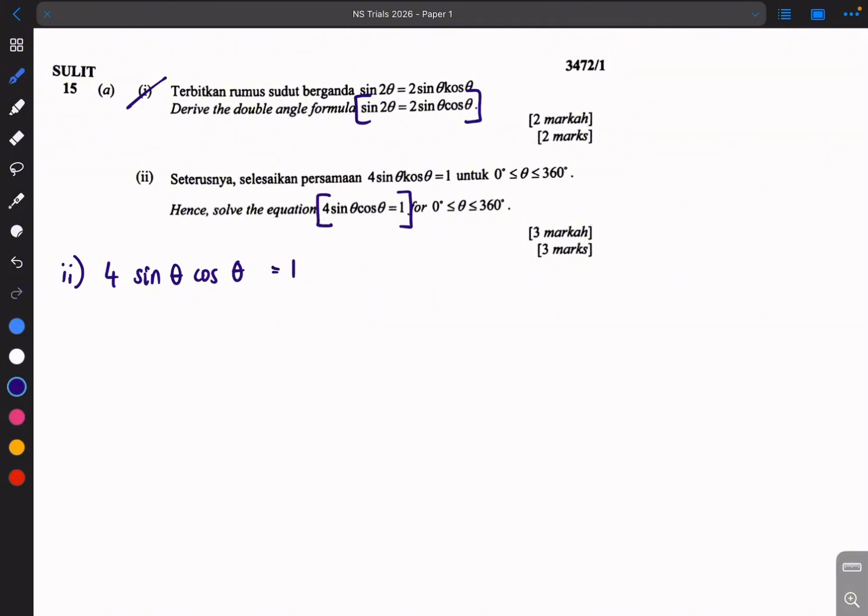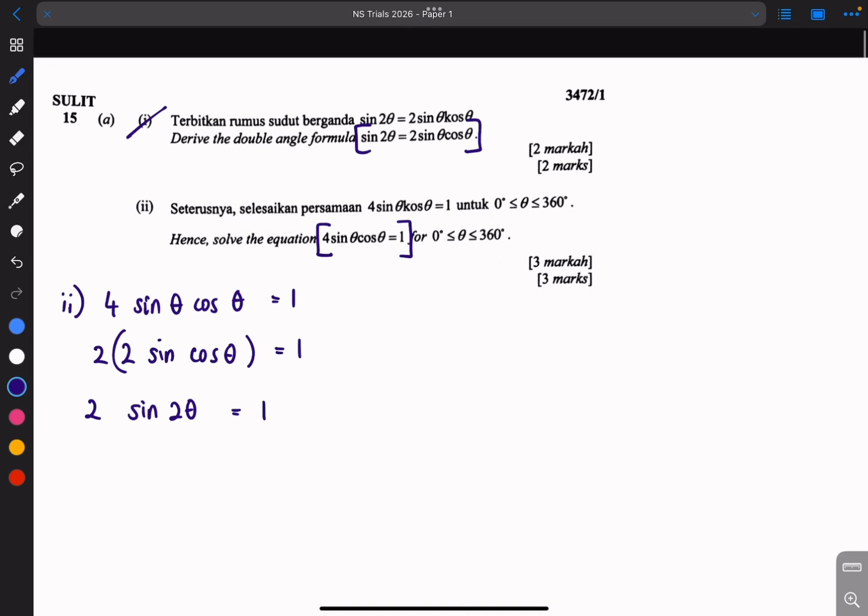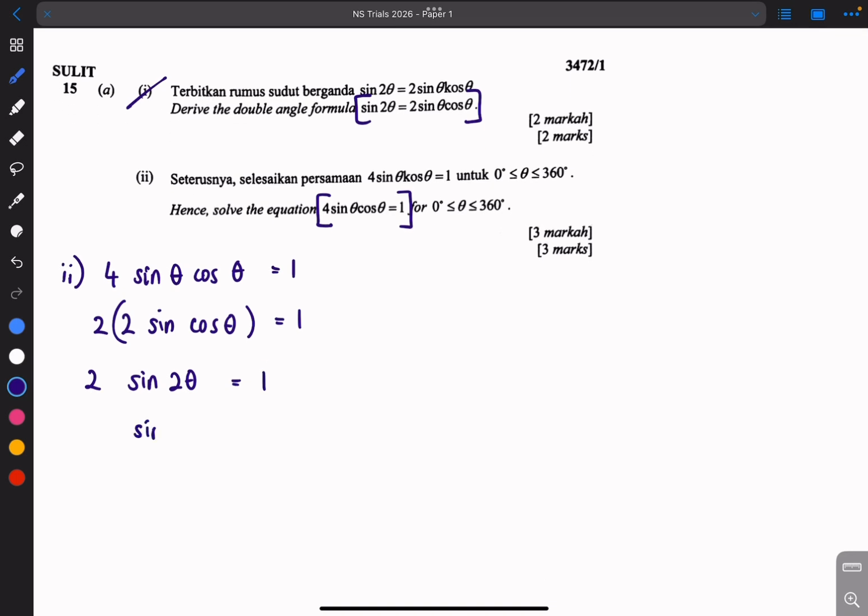So what we can do is, 4 is 2 times 2, right? So we write 2 times 2 sine theta cos theta equals 1. So this 2 sine theta cos theta will equal sine 2 theta. So 2 sine 2 theta equals 1. Then from here we have to solve. So sine 2 theta will be 1 over 2.